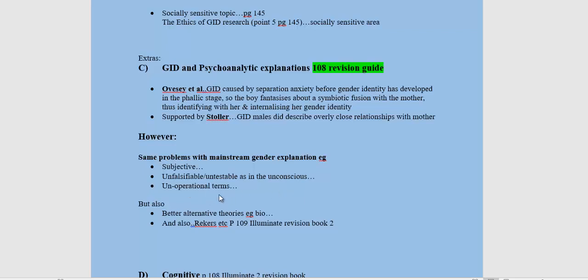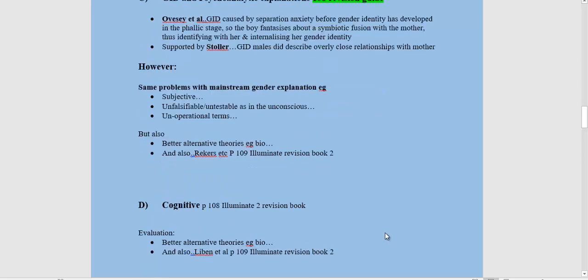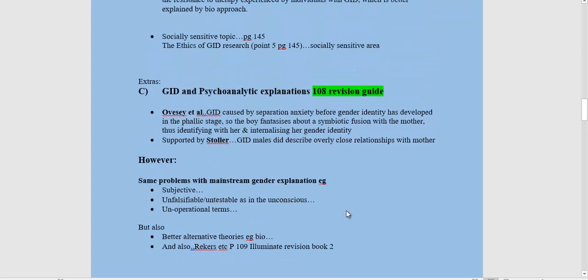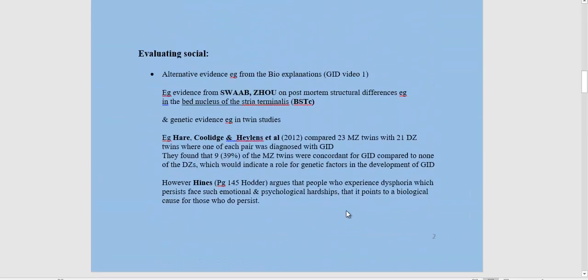We have terms that we can't operationalize and so on. And always we would put in that there are alternative theories, and you've got reference to research above. Ditto, if you really needed extra, there is also a cognitive explanation. But really we have plenty there with a social explanation, particularly when we are evaluating it in terms of the biological.